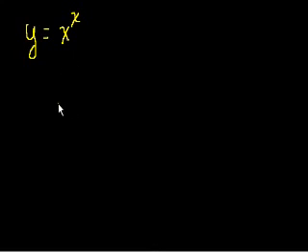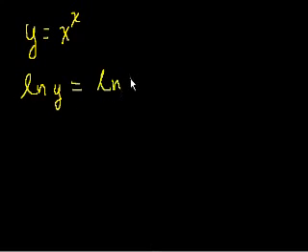And here is the trick. Let's take the natural log, or actually you could take any logarithm, but let's take the natural log of both sides of this equation. So you get the natural log of y is equal to the natural log of x to the x. And why did I do that? Because now I can use what we know about logarithm properties.